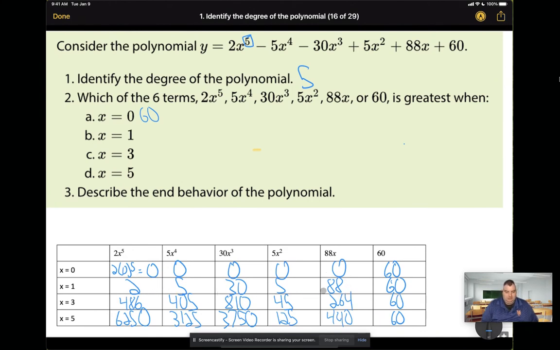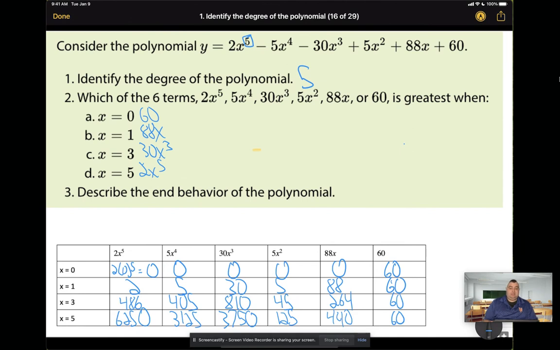This one right here. So 88x. Okay. When x equals 3, looks like this one right here, 810, so that's 30x cubed. When x equals 5, let's see, 6,250. So that's 2x to the 5th. Okay. So we answered number 2.